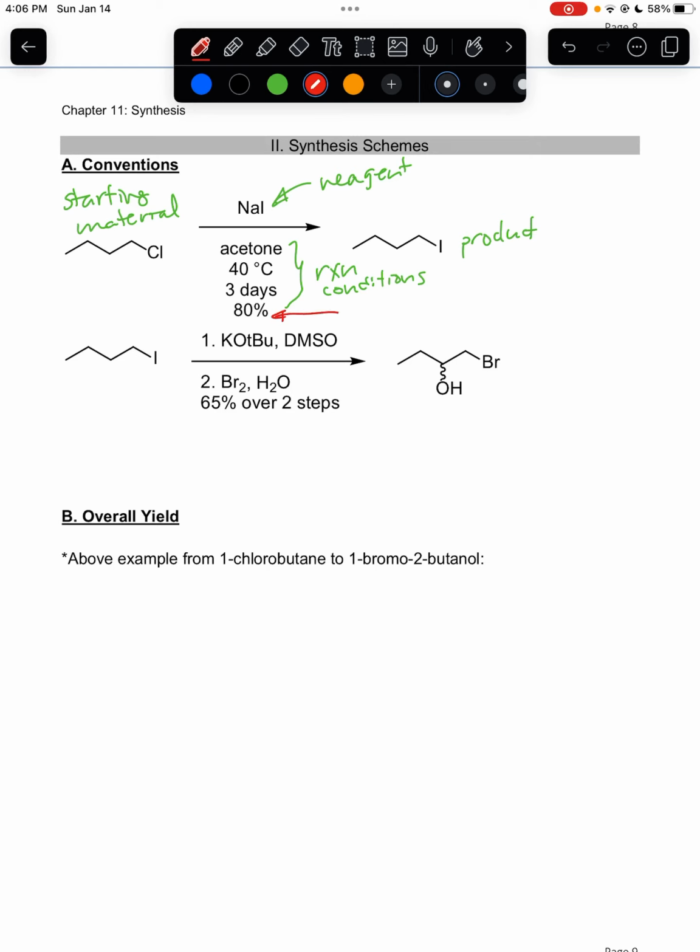Now, of course, this 80% is not a condition, but that was the experimental result. That is the percent yield from experiment. In other words, 80% of the moles of the starting material was converted to this 1-iodobutane, and then they were able to isolate that. That's what that means, okay?